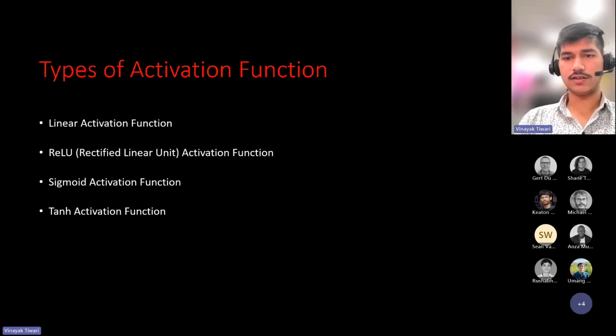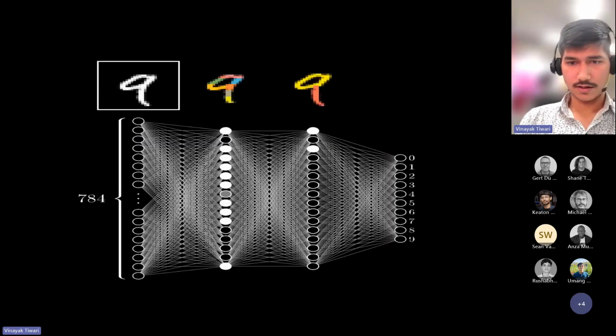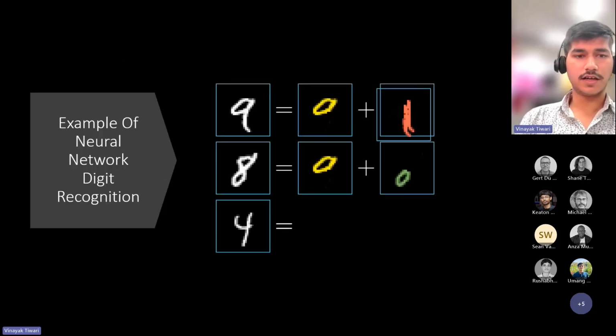So let's see an example of the neural network working. Here you can see some digits on your screen: 9, 8, and 4. As you can see, the 9 consists of one sphere and a line, whereas the 8 consists of two spheres or circles.